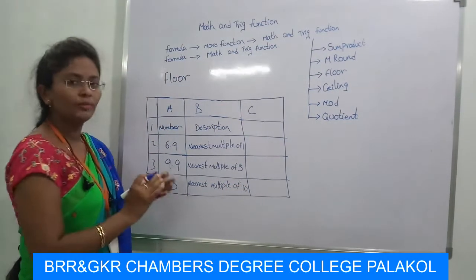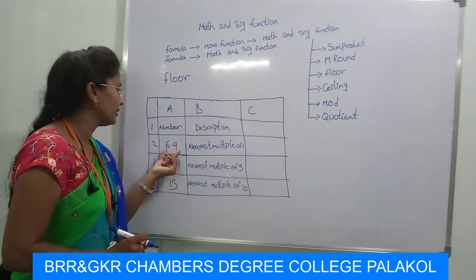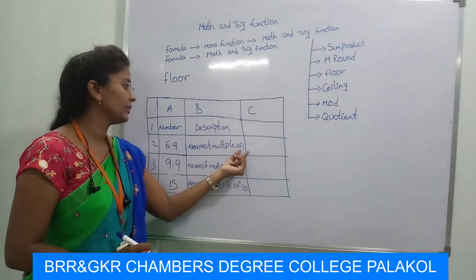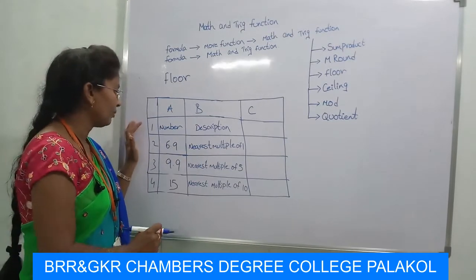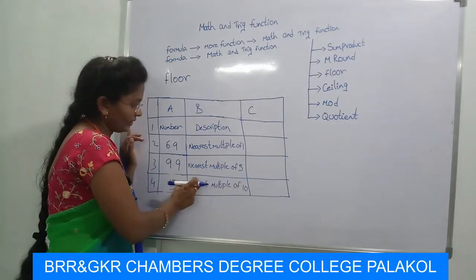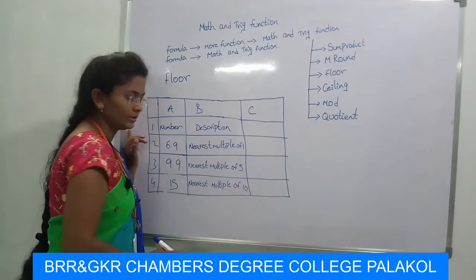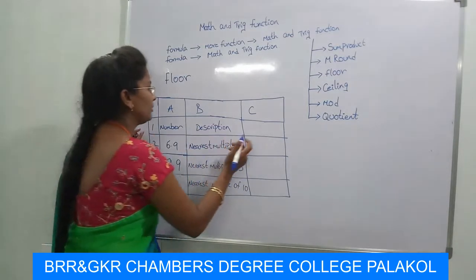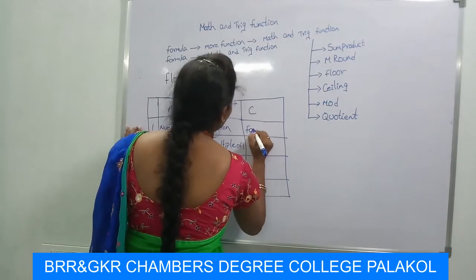Here for 6.9 the nearest multiple is 1, for 9.9 the nearest multiple is 5, and for 15 the nearest multiple is 10. And for this I have to write some formula, and in the C2 cell I am entering the formula.